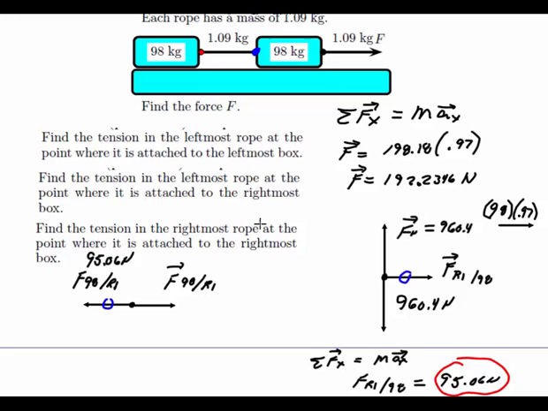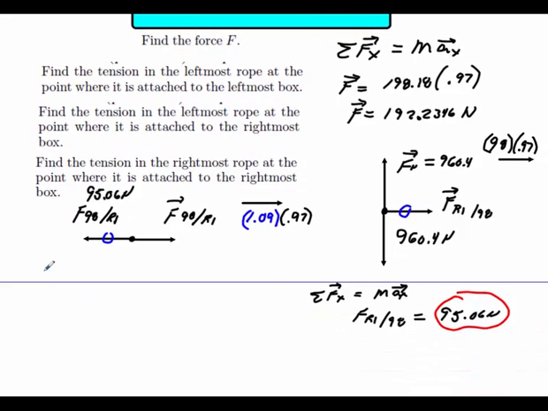Now again, all I have to do off to the side is mass times acceleration. My mass is going to be 1.09 times 0.97. So to find that, I'll have to do again the summation of forces in the x must equal mass times acceleration in the x.